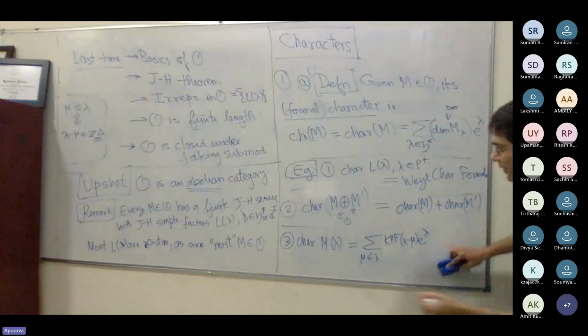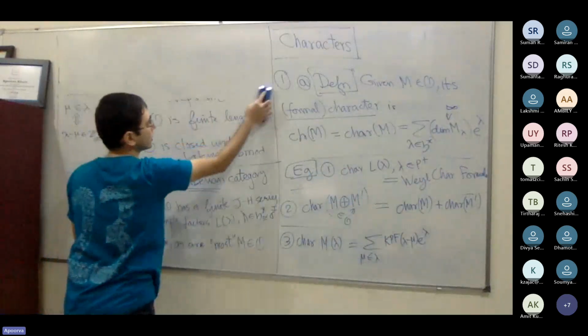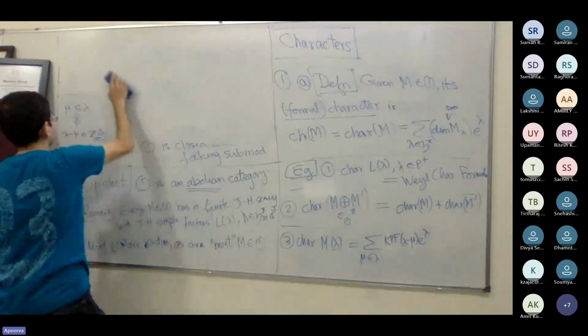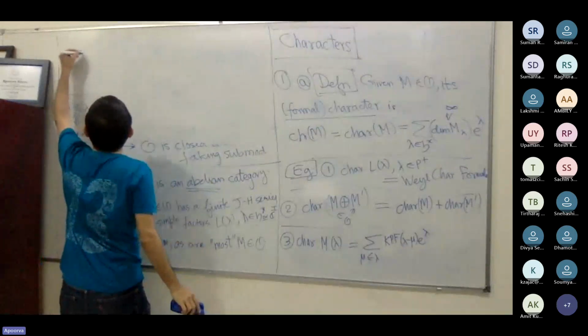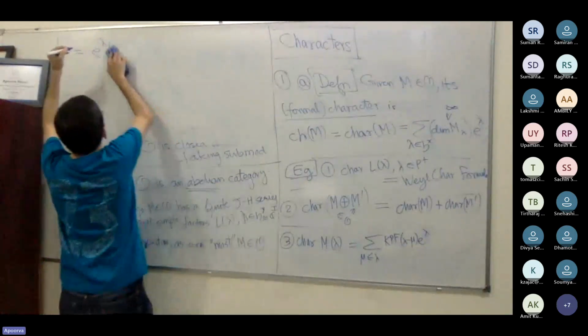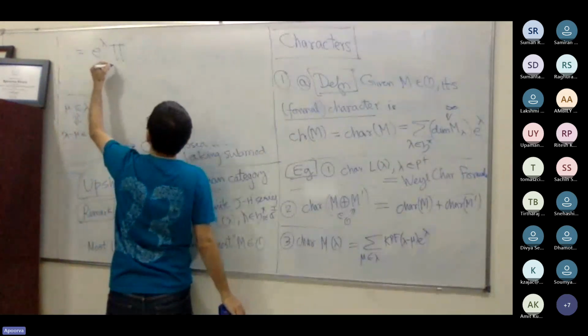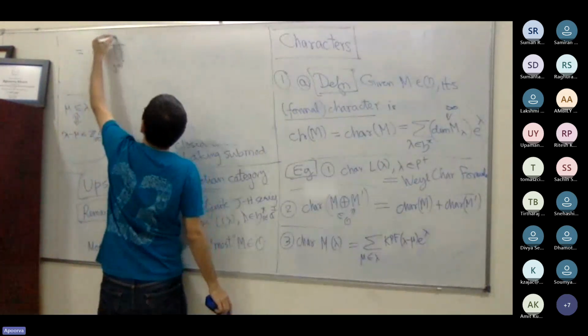So maybe I will remind you of this. This is basically a generating function kind of argument. I claim that this is exactly equal to this product, and remember that the positive roots were always indexed as beta 1 through beta n.